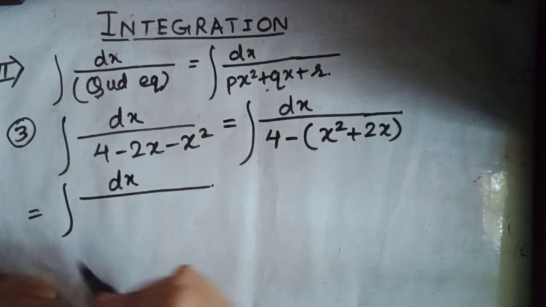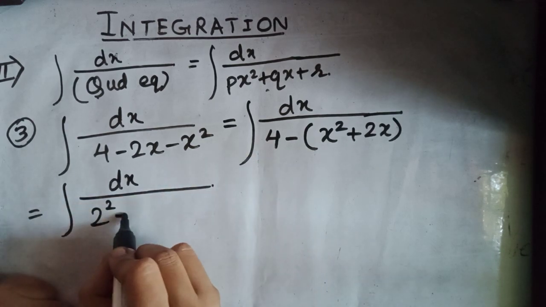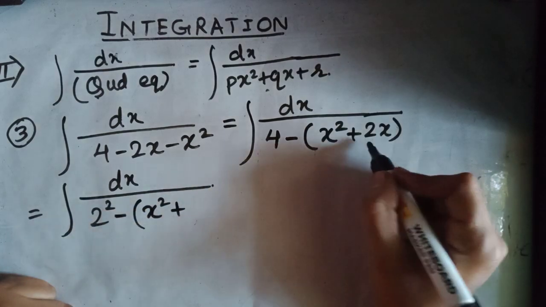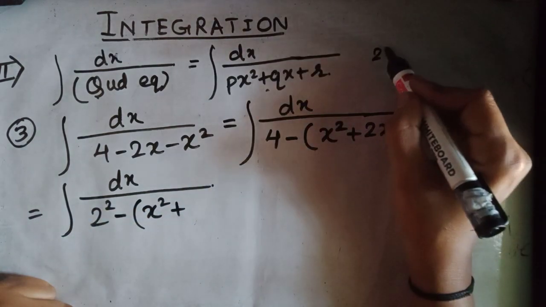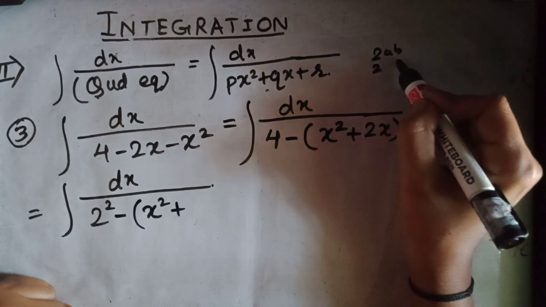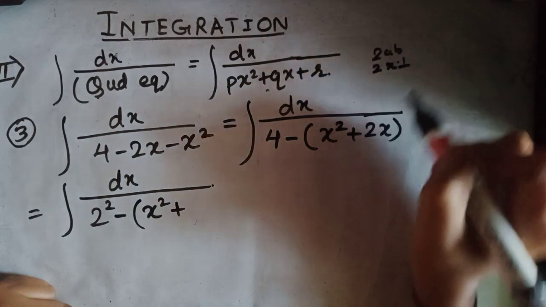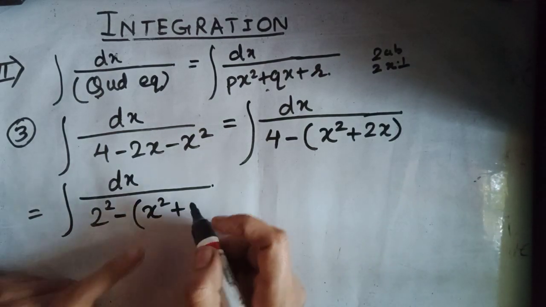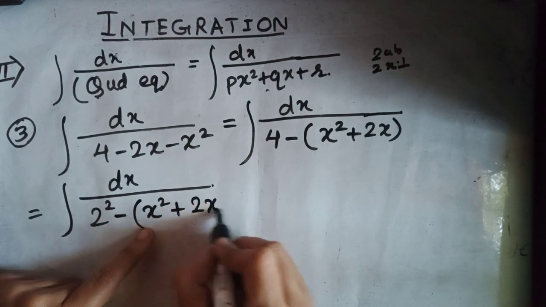So 4 I can write as 2 square minus, this will be what, x square plus, this is 2x, right? 2ab, so 2x is there and b is our 1, so you have to add 1 so that it becomes 1 square. So x square plus 2x plus 1.